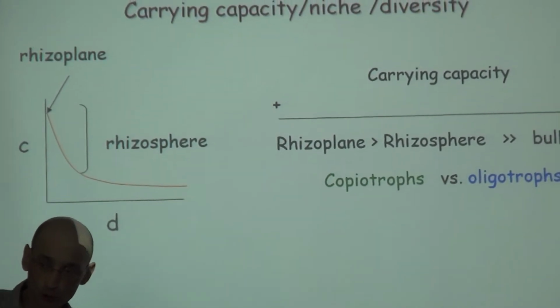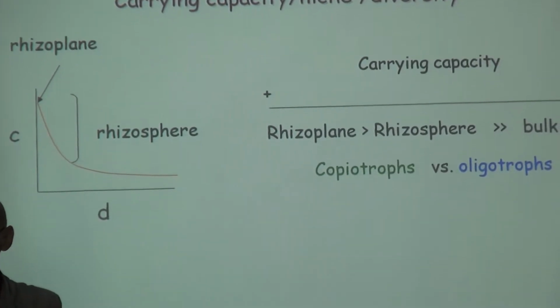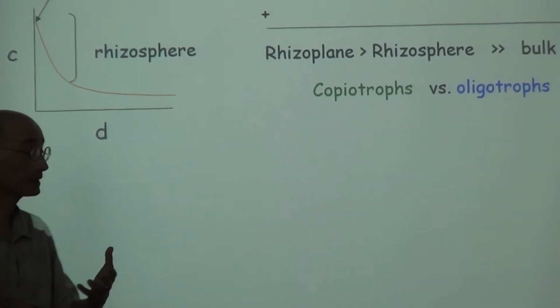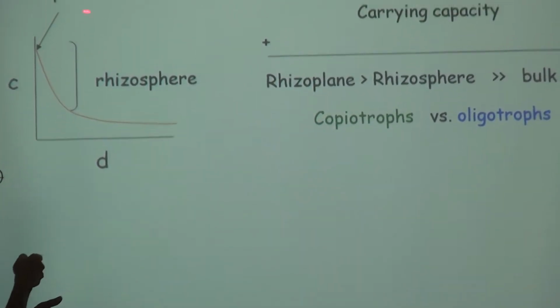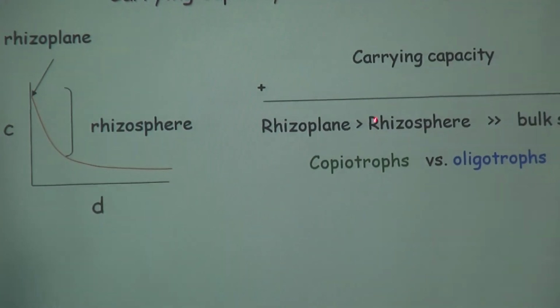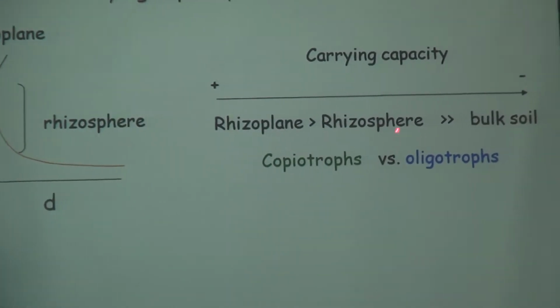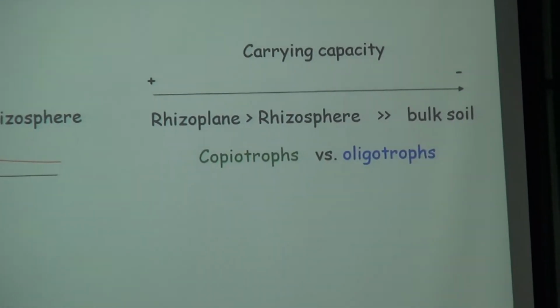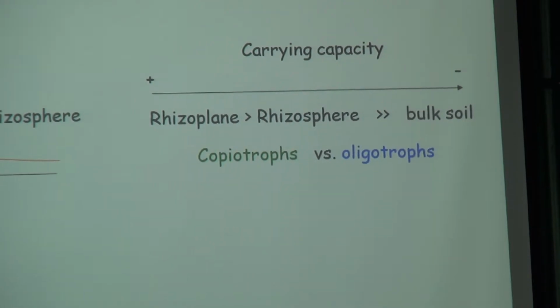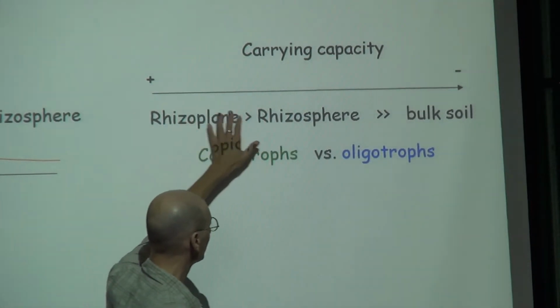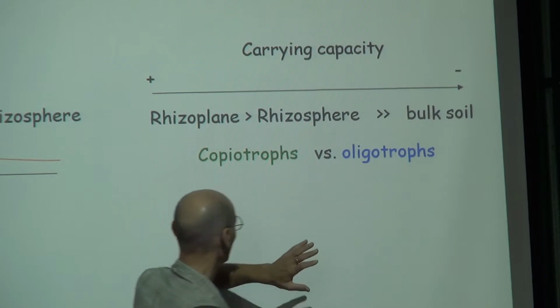Is it a small population or a large population? This is called the carrying capacity. The carrying capacity of the rhizoplane is higher than that of the rhizosphere, and this is much higher than that of the bulk soil. Many more bacteria can live in the rhizoplane and the rhizosphere than in the bulk soil.